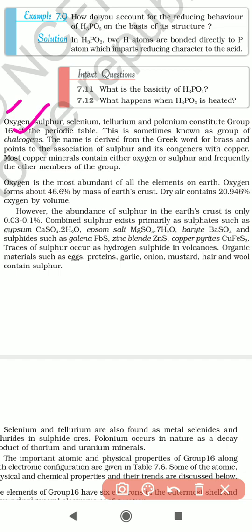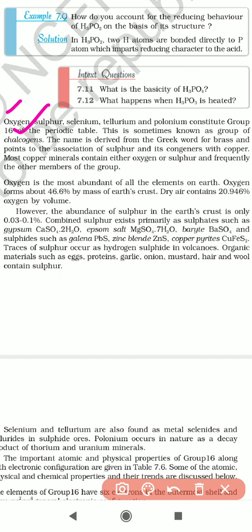The name is derived from the Greek word for brass and points to the association of sulfur and its congeners with copper. Most copper minerals contain either oxygen or sulfur, and frequently the other members of this group.